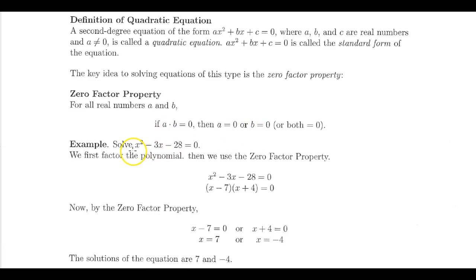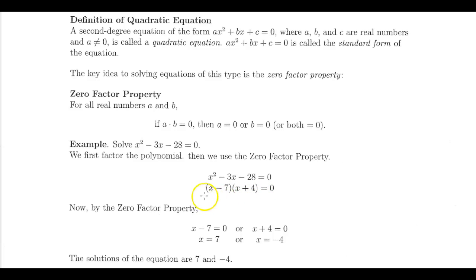For example, if we want to solve x squared minus 3x minus 28 equal to 0, we first factor the polynomial, and then we use the zero factor property. We want factors of negative 28 that have a difference of 3, and those factors are negative 7 and positive 4. So we can factor this as x minus 7 times x plus 4 equal to 0.